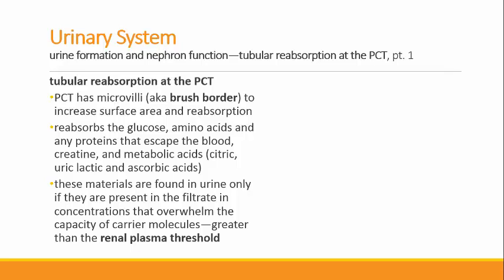And so once that glucose passes beyond the proximal convoluted tubule, there are no carrier molecules that can do that reabsorption in the rest of the renal tubule, and so we've exceeded the renal plasma threshold for glucose in a person who has uncontrolled diabetes.